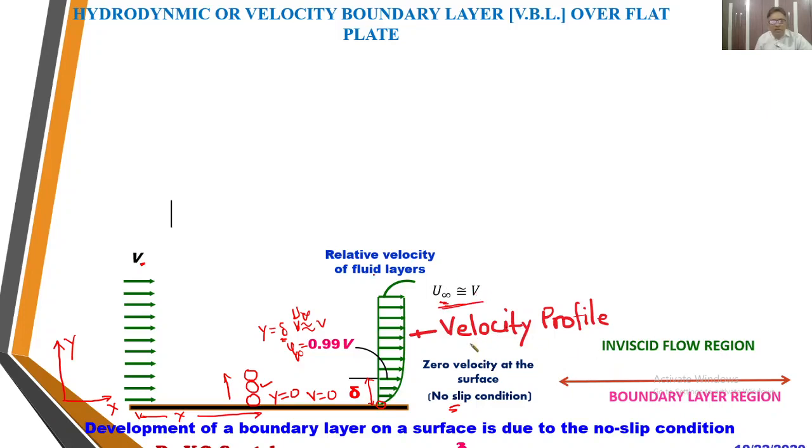That means no velocity gradient will occur. So this is the development of the hydrodynamic or velocity boundary layer when a fluid is flowing with some velocity over a stationary flat plate.